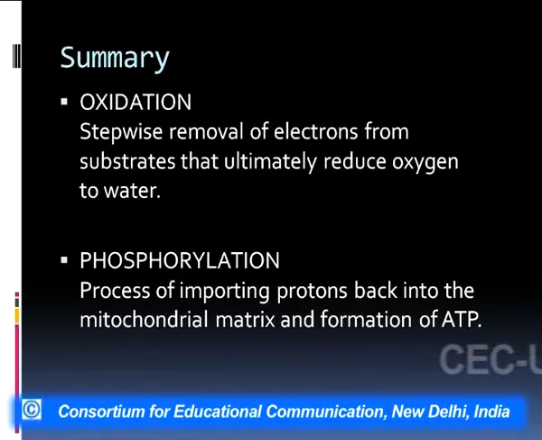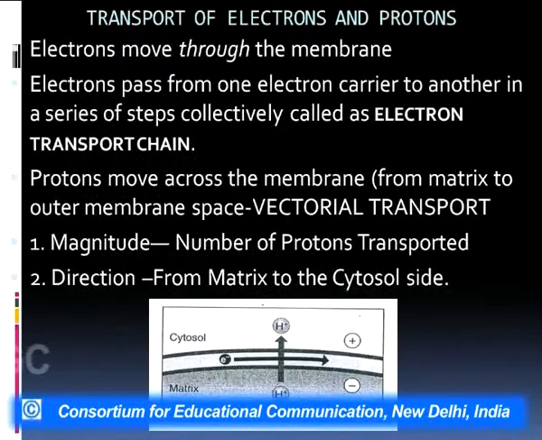If one has gone a bit too quickly over the concept, one can summarize this whole concept in a simplistic manner: the energy released by the movement of electrons is finally utilized for proton pumping across the inner membrane of the mitochondria, and this is how ATP is formed.